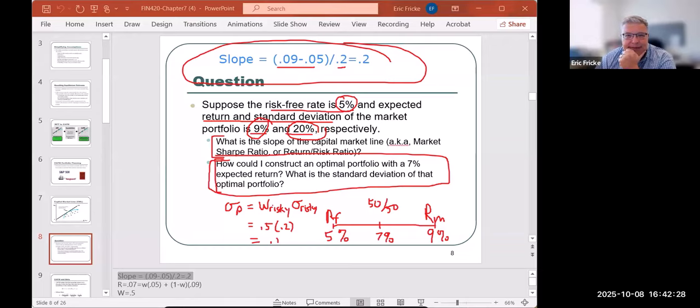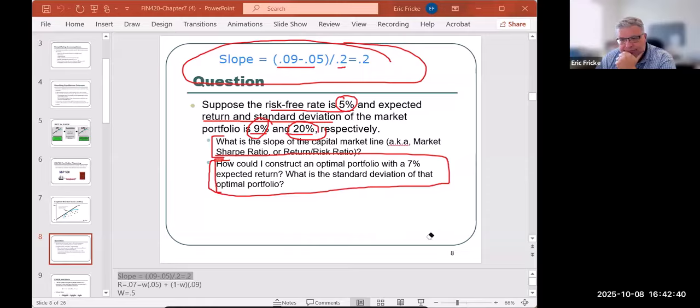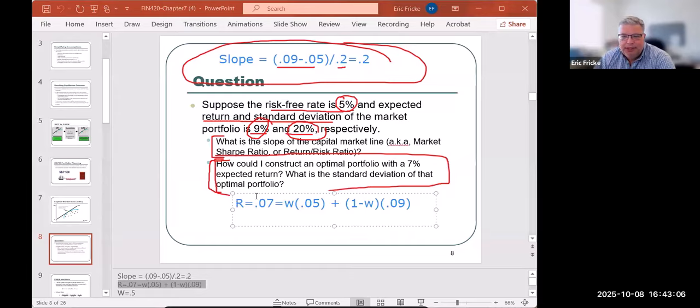Let's take a look at doing some of the math. If you remember this equation here, basically we set the return of our portfolio equal to 7%.